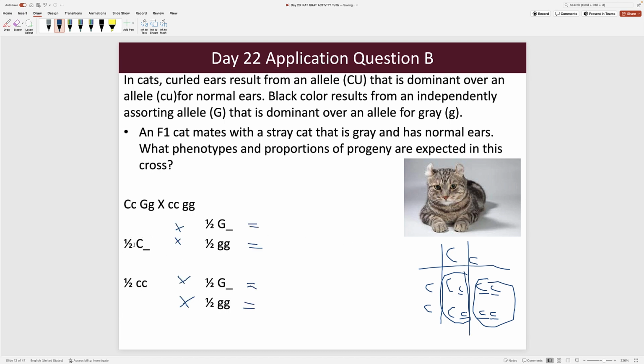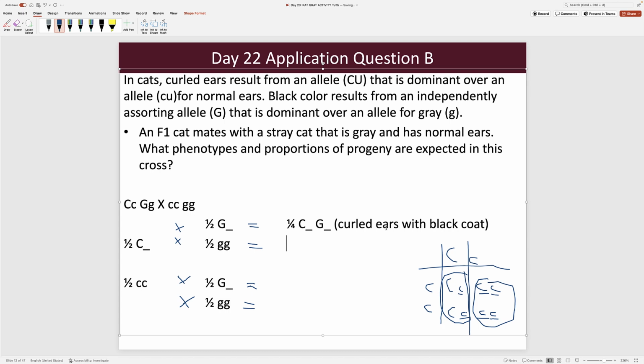So half big C times half big G, you get 1/4 big C, big G, or we could say curled ears with a black coat. We multiply the second row, 1/2 C, 1/2 little g, and you get 1/4 big C, little g, or curled ears with a gray coat.